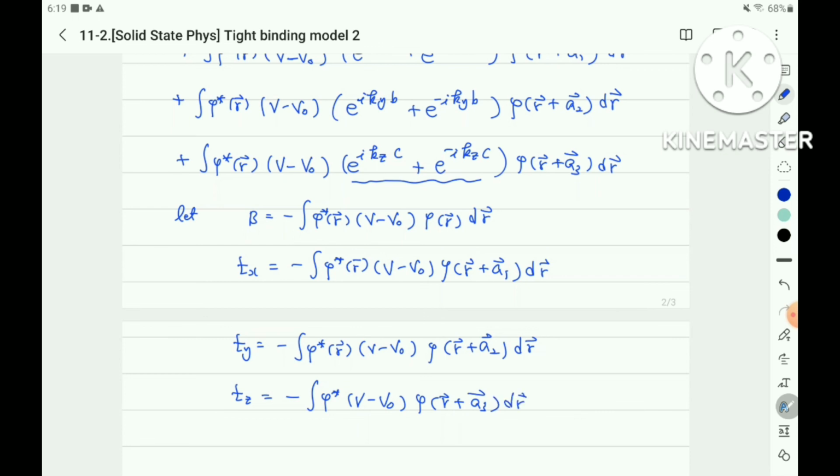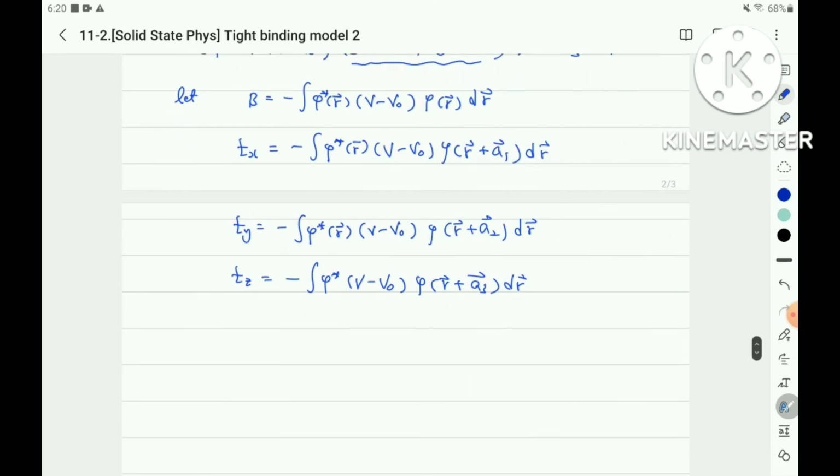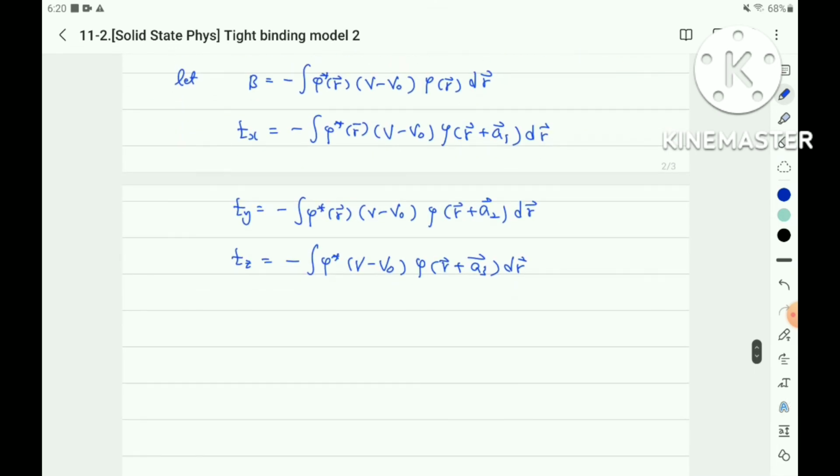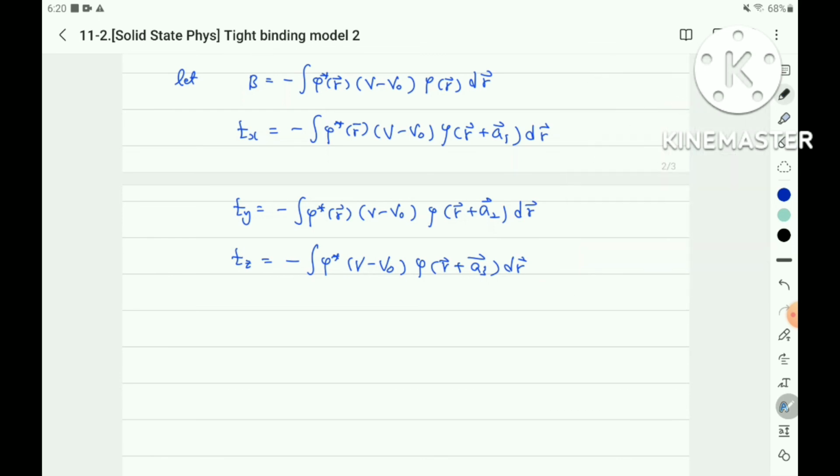Here we treat these as free parameters, because actually we do not know the exact form of the potential difference. Therefore b, tx, ty, tz are not exactly determined, but they can be treated as free parameters, compatible with the experiment.